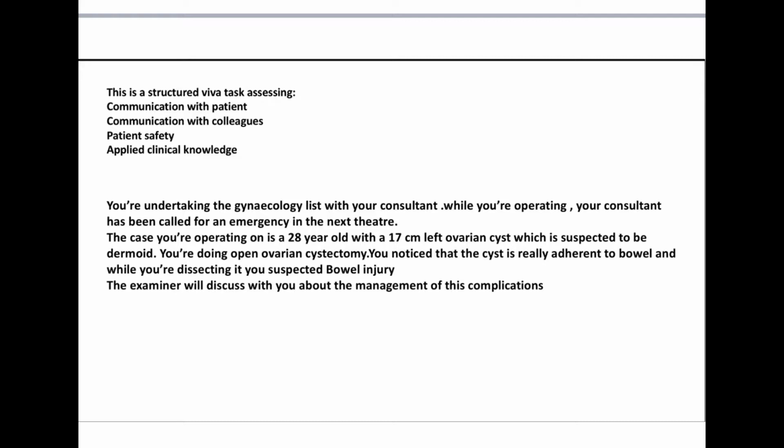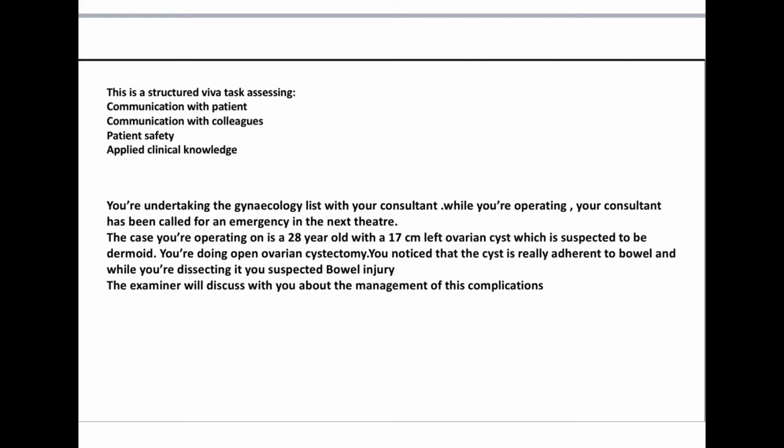And then we need to communicate with the person who is scrubbing with us, the scrub nurse. Please, if you can provide us with more swabs, needles, instruments, and suture material, because we are now facing a complication, so our procedure may take longer. And then we need to communicate with the circulating nurse.